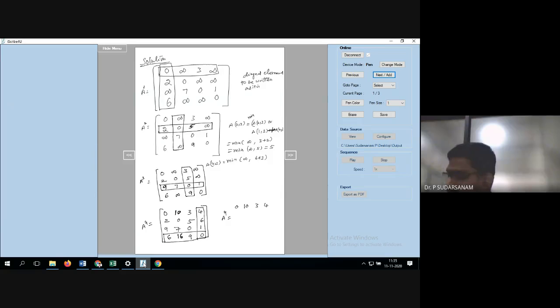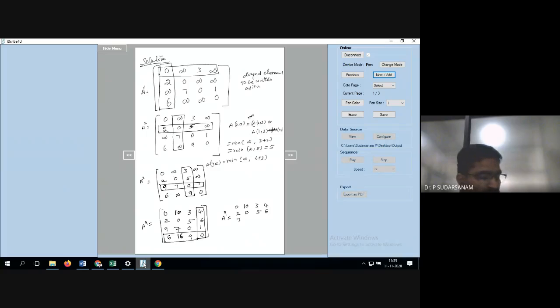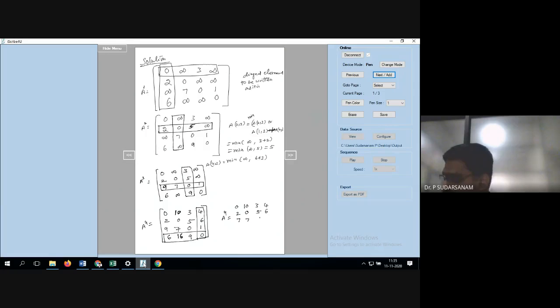2, 2. Diagonal element 0. 5 is there. 5, 5. 6. Selected row. Next, third one. Third row, 7. 7, 0, 1. Very good, sir. 0, 1.